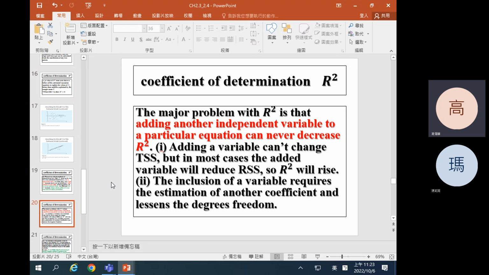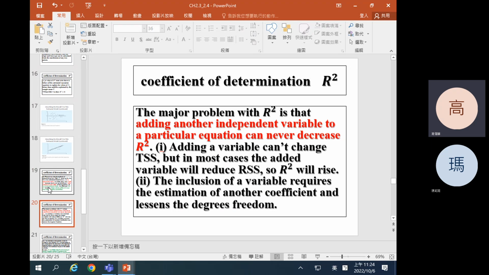But that's why I'm saying that if we add one more variable, which has very little impact on the y, even in that case, the R squared will increase. The amount of increment is very small, but it will never decrease. Therefore, we're not able to identify which variable is important to affect the variation of the y.